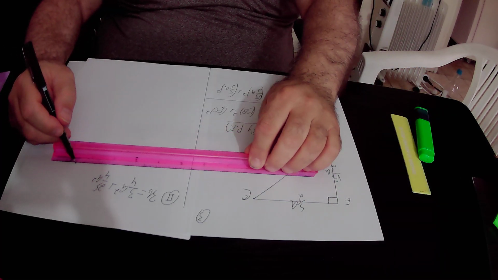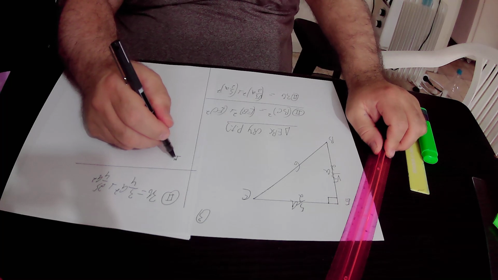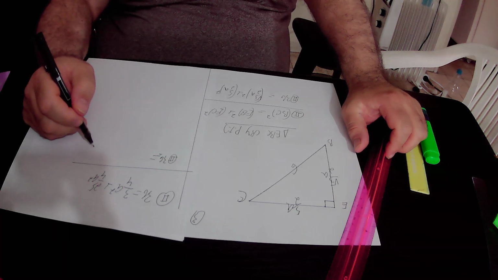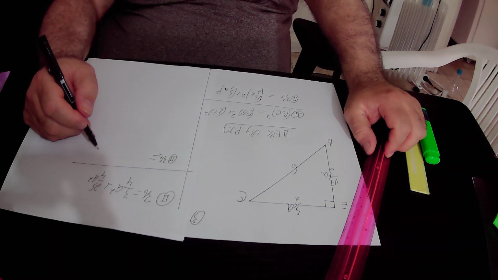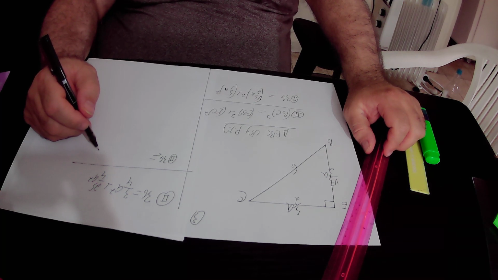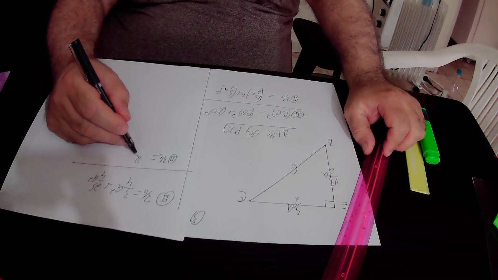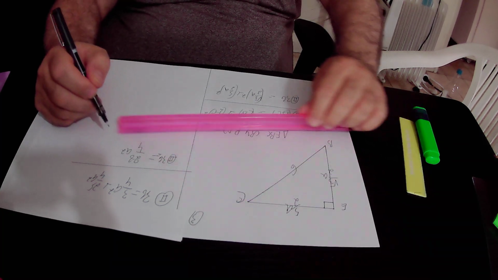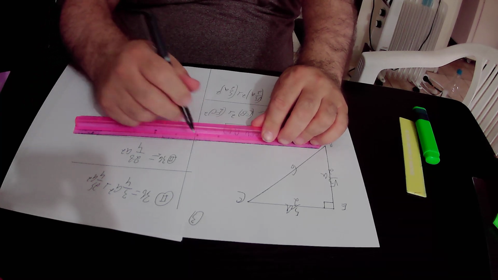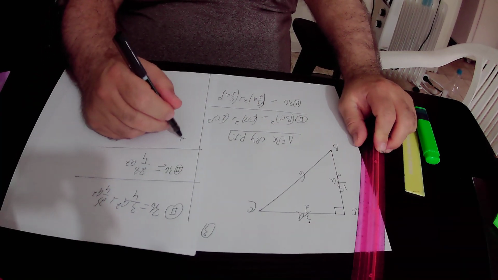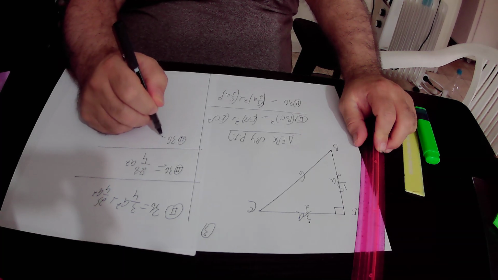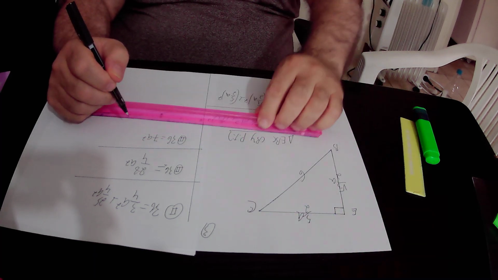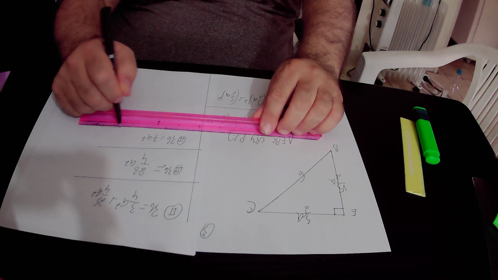So here we found out that according to equation number 2, 36 equals 3 quarters plus 25 quarters, which is 28 quarters, times A squared. So 36 equals 28 over 4, which is 7. So in conclusion, we found out that 36 equals 7A squared.